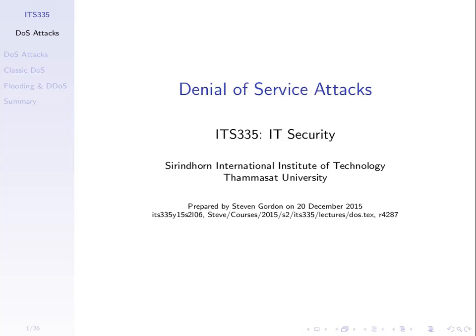When we want to secure a computer system, if we make that computer system available to our users, a security attack would be to make that computer system unavailable. And such an attack denies the normal users use of the service. So we call it a denial of service attack, abbreviated DOS, a DOS attack.